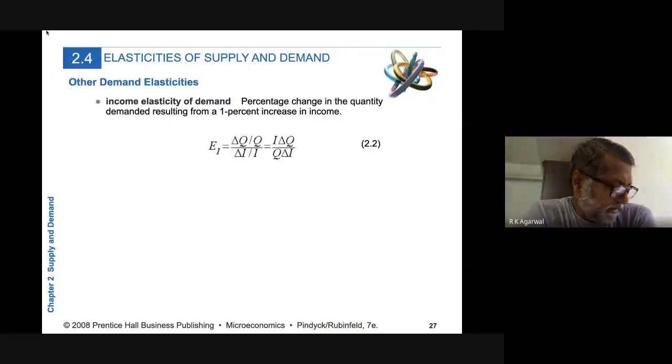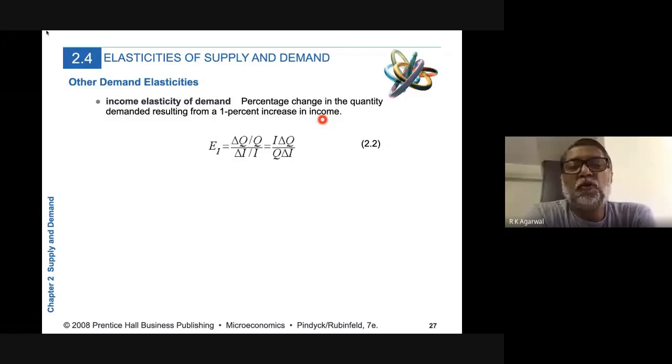Just notice this: instead of price, we have written income. If you compare the definition of price elasticity of demand with income elasticity of demand, the only difference in the definition is in this term. In price elasticity it would be price, and in income elasticity this will be income.